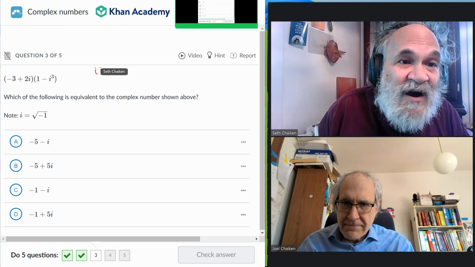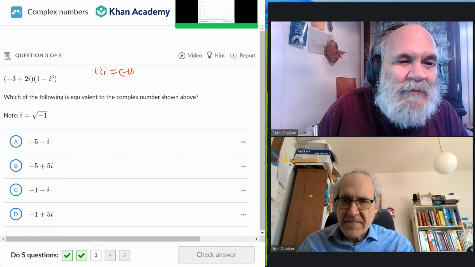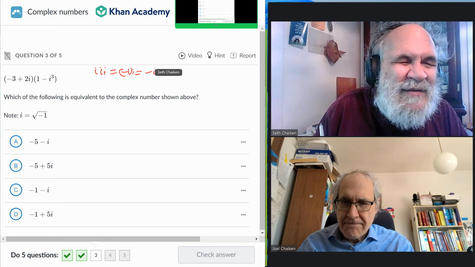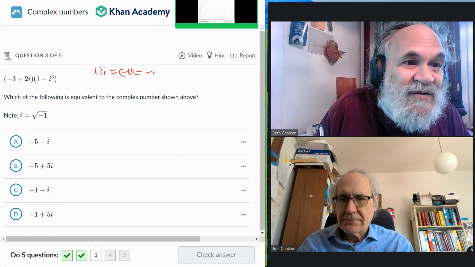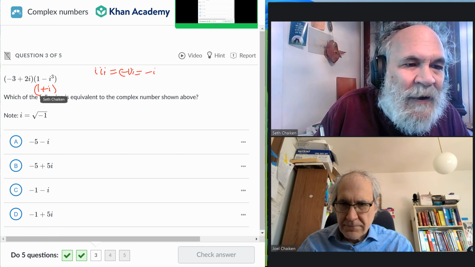What happens is i times i equals -1, times i, which is -i. So my i cubed is -i. The negative of i cubed, the negative of -i, is +i. So this simplifies to 1 plus i.